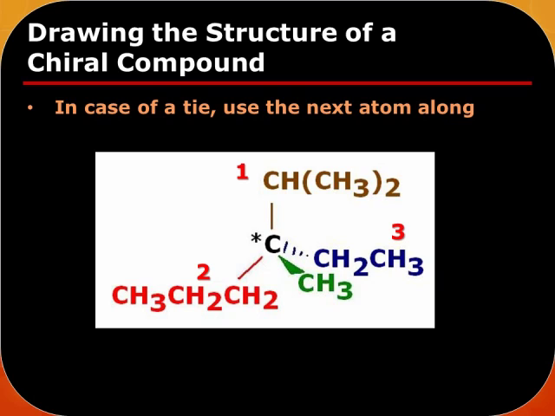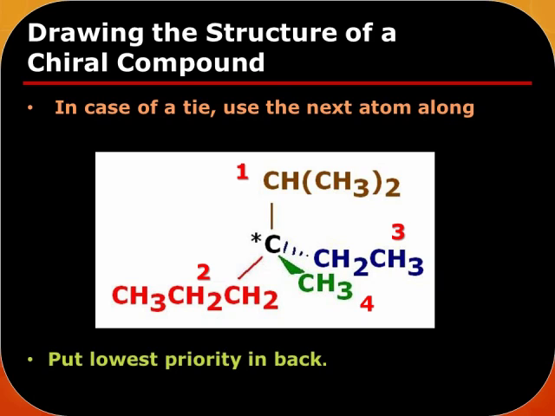And the third priority is given to the carbon that has 2 hydrogens and 1 carbon. And the last priority is given to the carbon that has only the hydrogens but no carbon bonded to it. So this is how you have to draw.